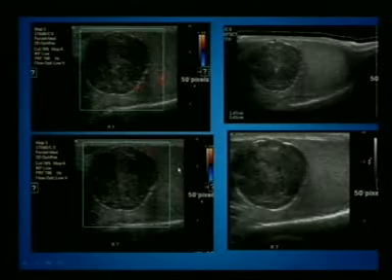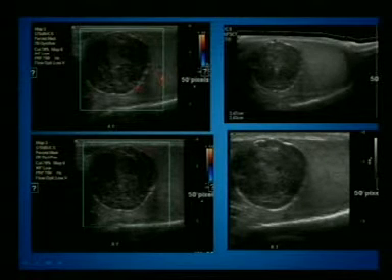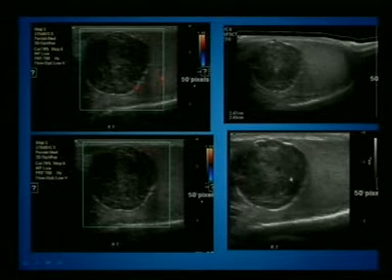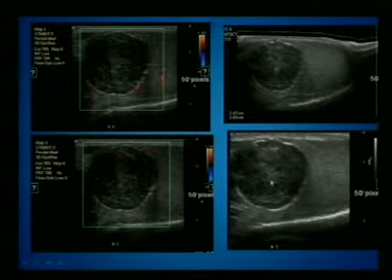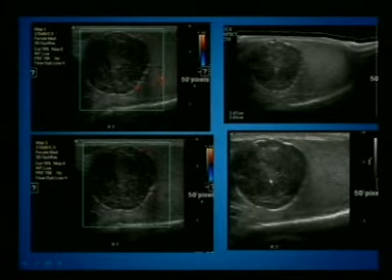Some of the miscellaneous causes of testicular masses. This patient is 25 years old, medically free, complaining of a testicular mass in the right testicle for the last 9 months. You see here a large mass involving half of the testis, and it is calcified and looks hypoechoic, surrounded by hyperechoic.